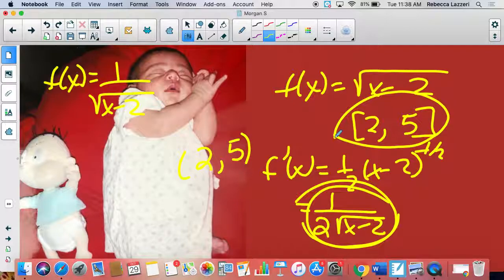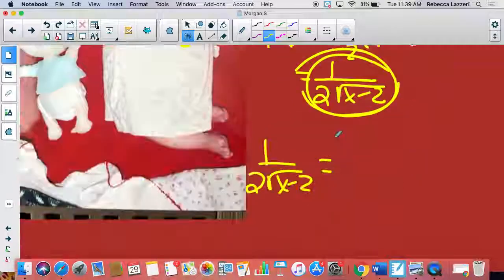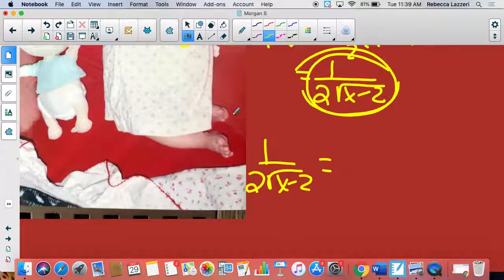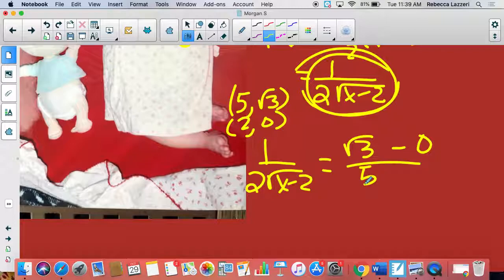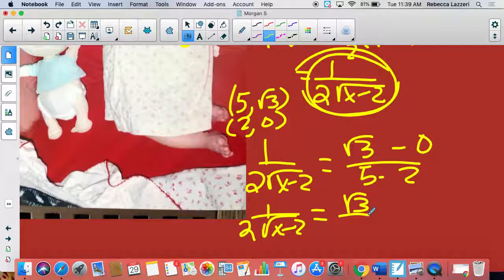But I call it all the MVT. So f of 5, I believe, is square root of 3, okay? And f of 2 is 0. So I have the points (5, square root of 3) and (2, 0). So I'm going to say y minus y over x minus x. So I have 1 over 2 square root of x minus 2 equals root 3 over 3.